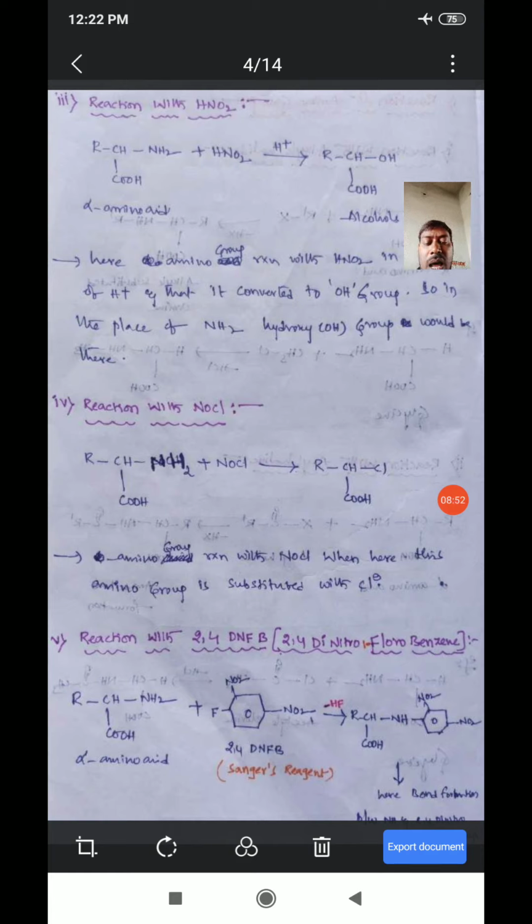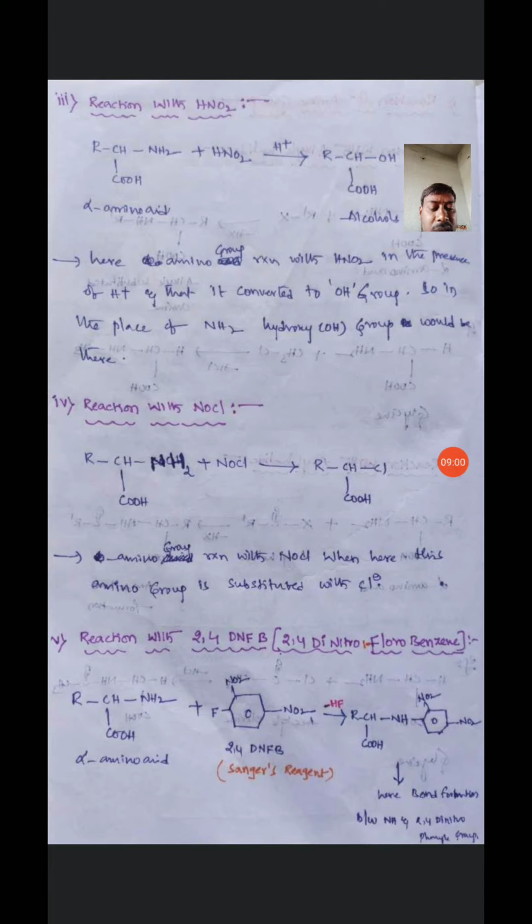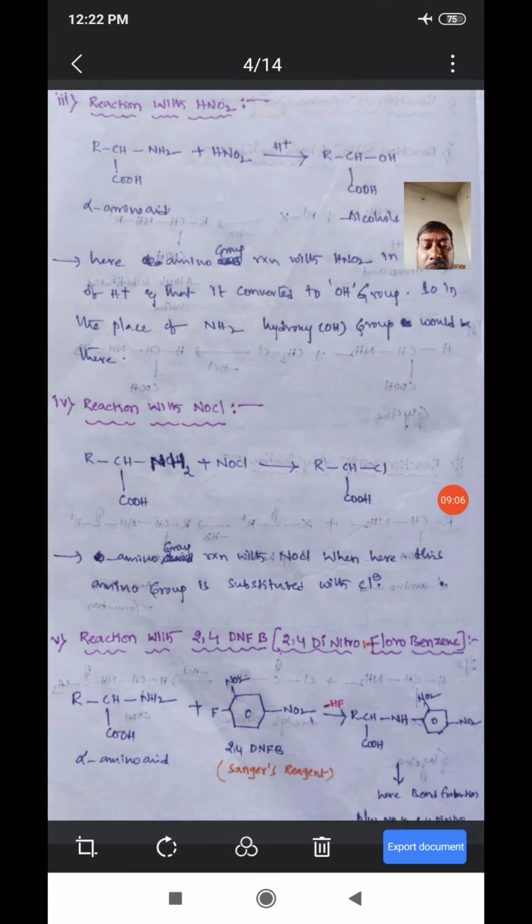So here alpha amino acids are reacted with Sanger's reagent, and a bond forms between NH and the 2,4 dinitrophenyl group. The alpha amino acid RCH COOH NH2 reacts with 2,4 dinitro 1-fluorobenzene, that is Sanger's reagent.